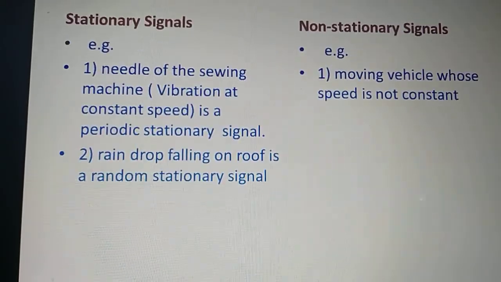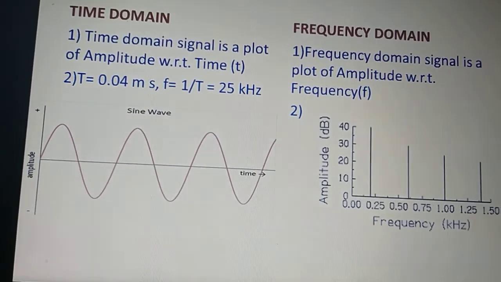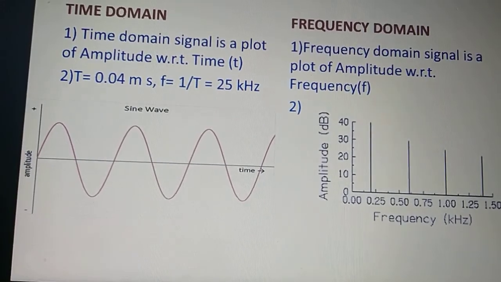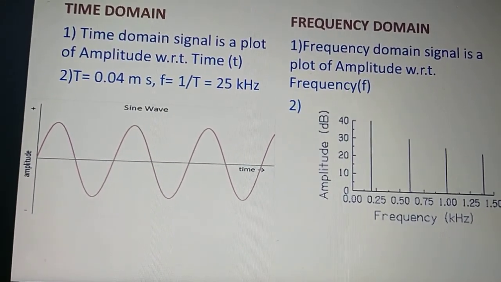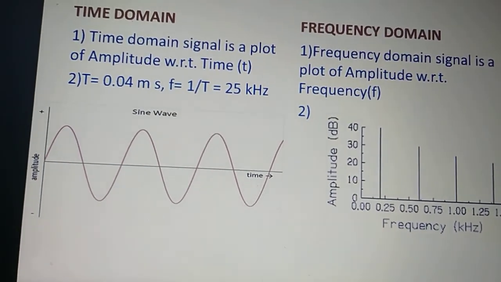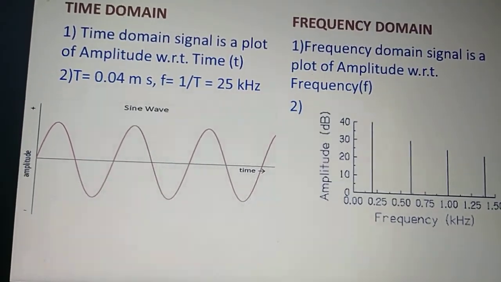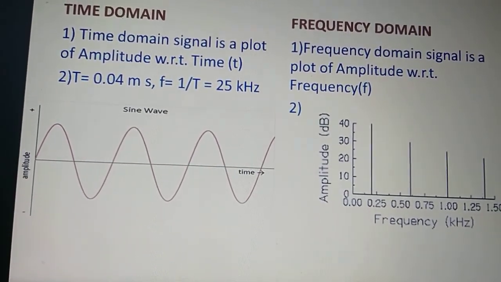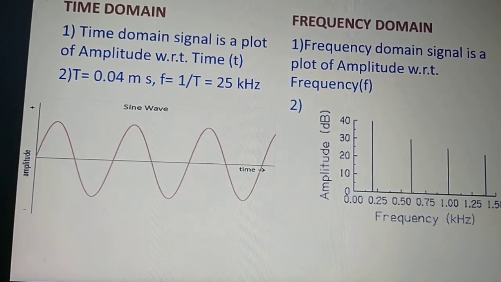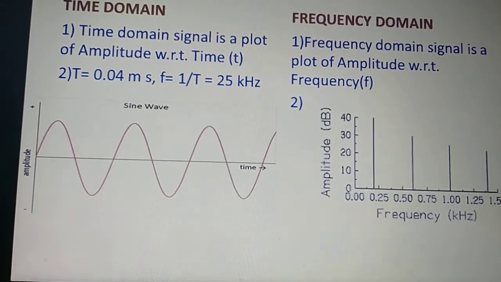Now let us try to understand signal analysis in the frequency domain. In the frequency domain, it's a plot of frequency against amplitude, and you are analyzing the signal in the frequency domain, and therefore you will get only a single standing line as a result.